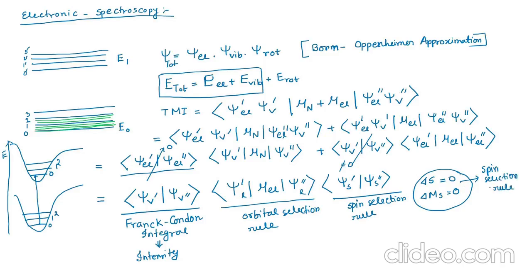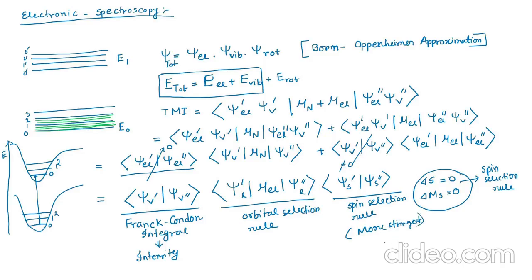So if this is followed, then it will be non-zero, and for orbitals there is also a different orbital selection rule, one of which is the Laporte rule, which tells us d-d transitions are not possible. But here this is a more stringent selection rule.